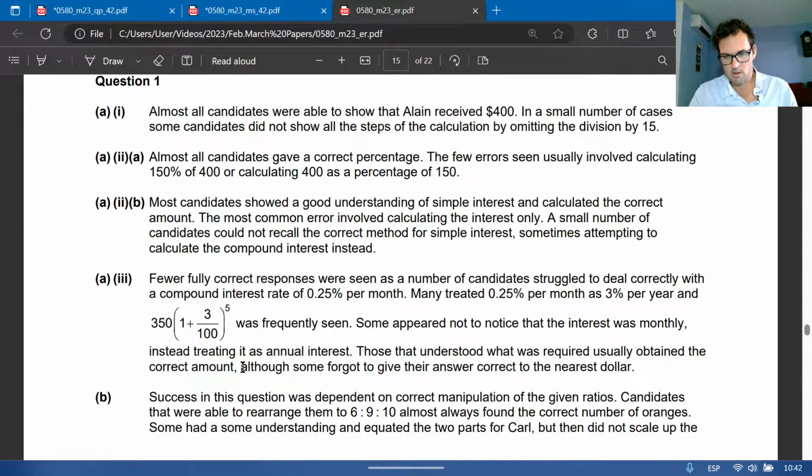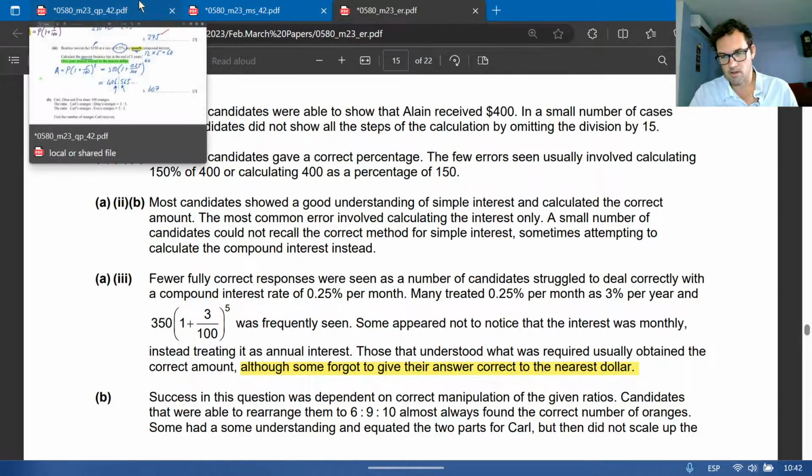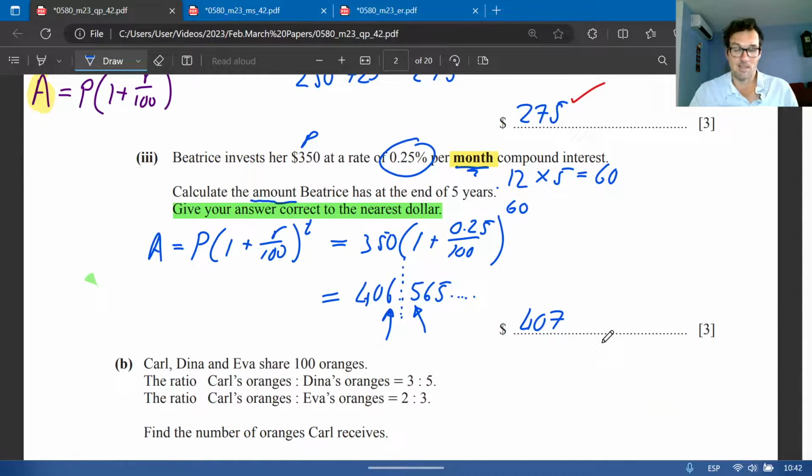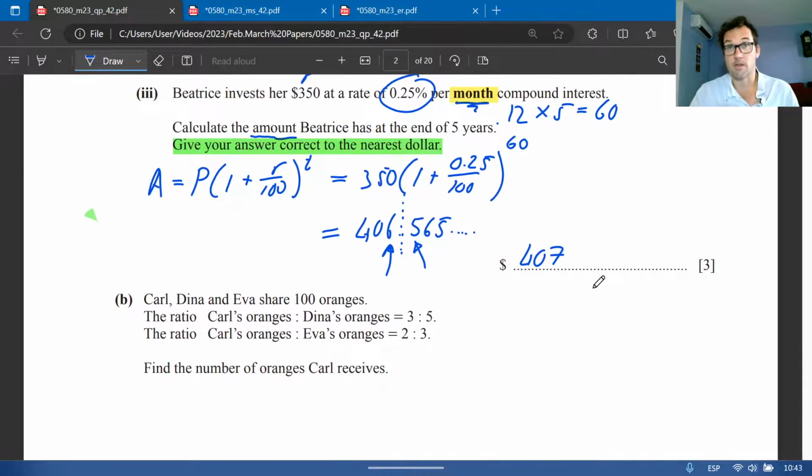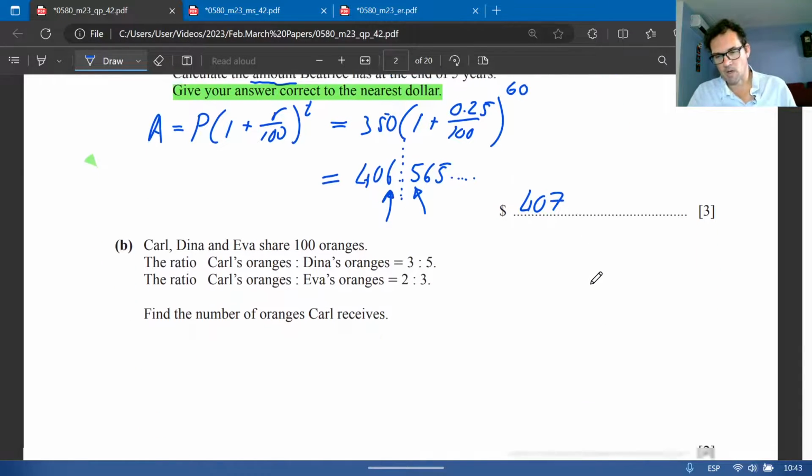You see that they say here, some forgot to give their answer to the nearest dollar. It's a simple thing, but students forget to do that. It says it in the examiner's report. So you lose a mark if you don't write 407.